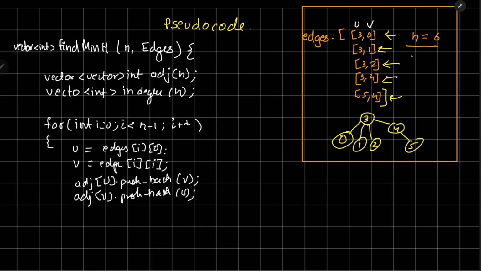And now we also maintain the in degree, like initialize the in degree. So in degree of u plus plus and in degree of v will also be increased. Okay, so now we have made the adjacency list and we have our in degree updated. Now we will make a queue.